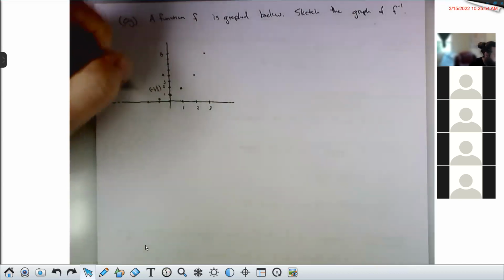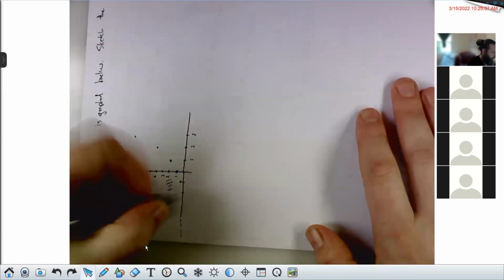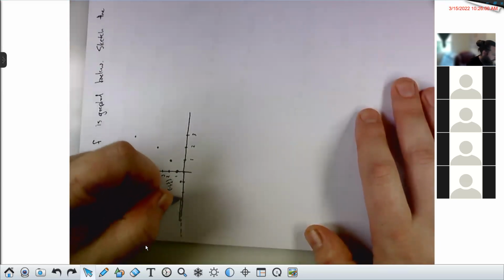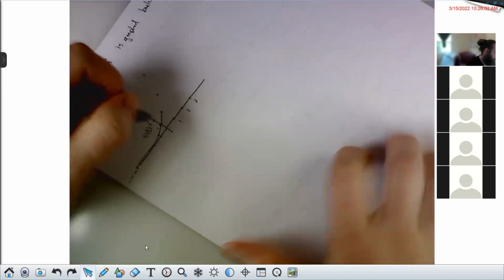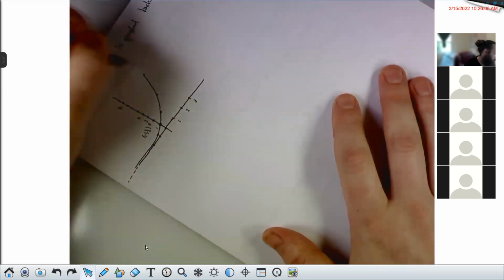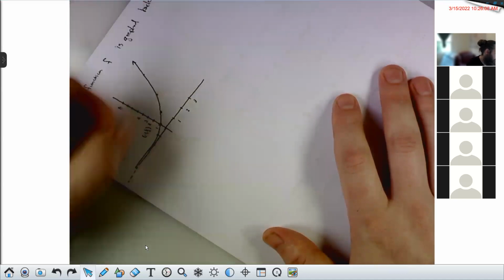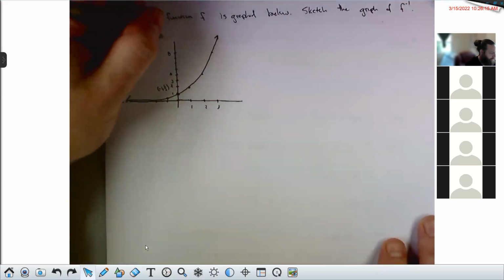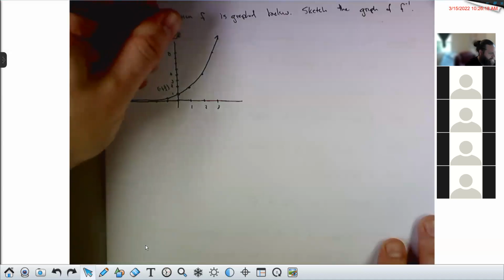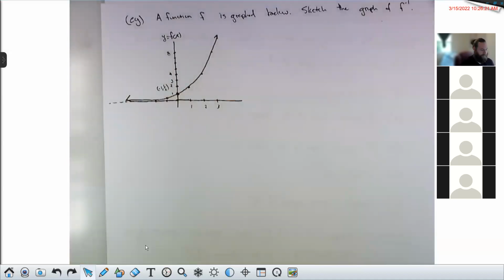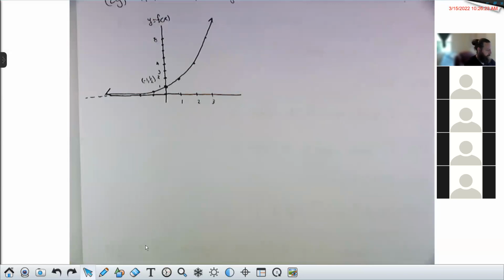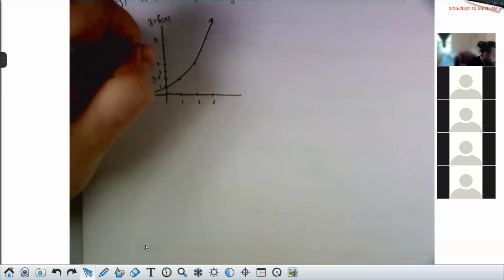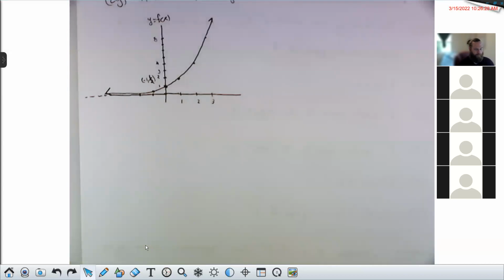Let's give ourselves a little asymptote on this side. Here's the original function f. Let's see if we can sketch the inverse.